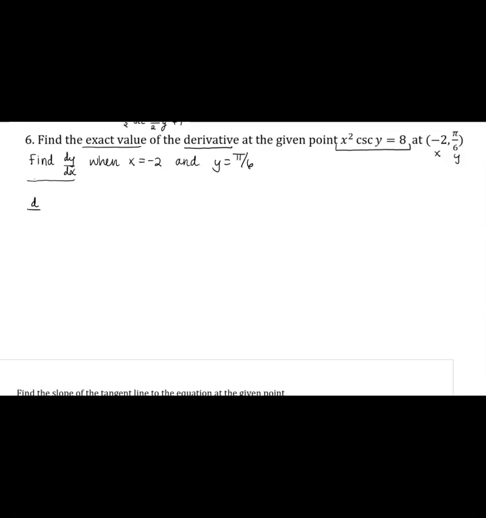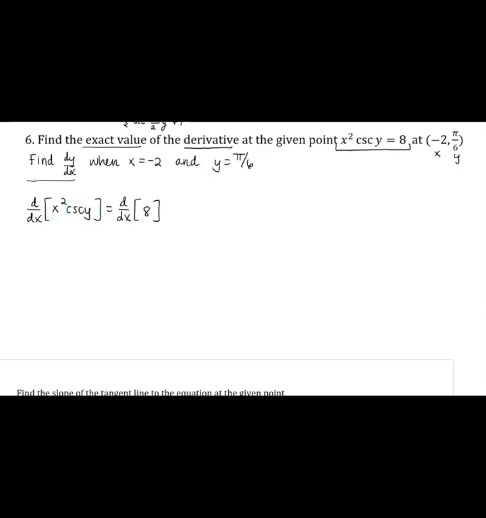So we're going to begin and take the derivative on the left side of the equation and the right side. On the left side, on the inside here of the derivative operator, what we're taking the derivative of is a product. It is a product of x squared and cosecant y.